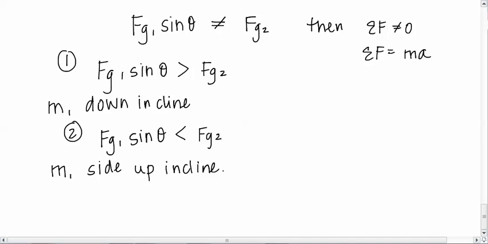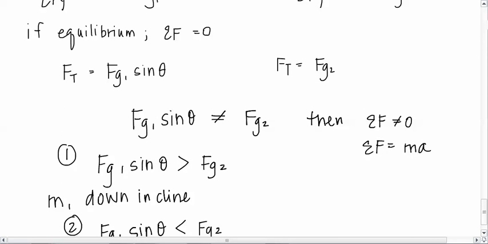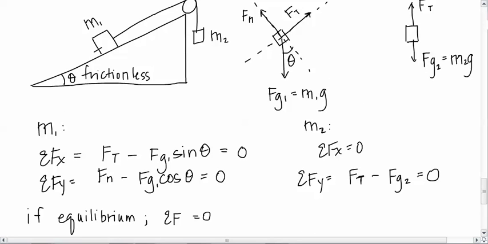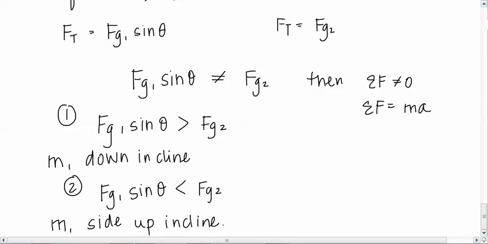So from here, you'd have to look at Fg1 sine theta and Fg2 and determine which way they were moving based on this test right here. So which way are they moving?